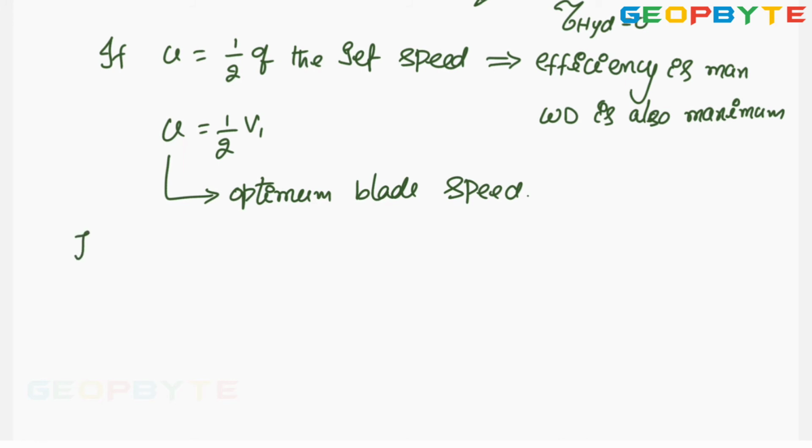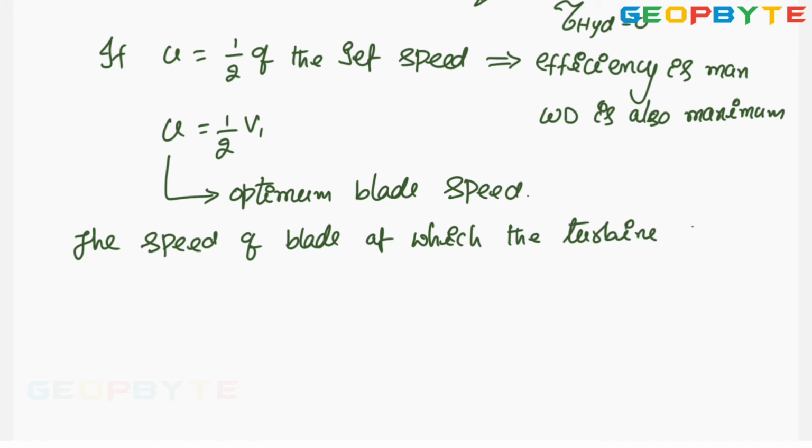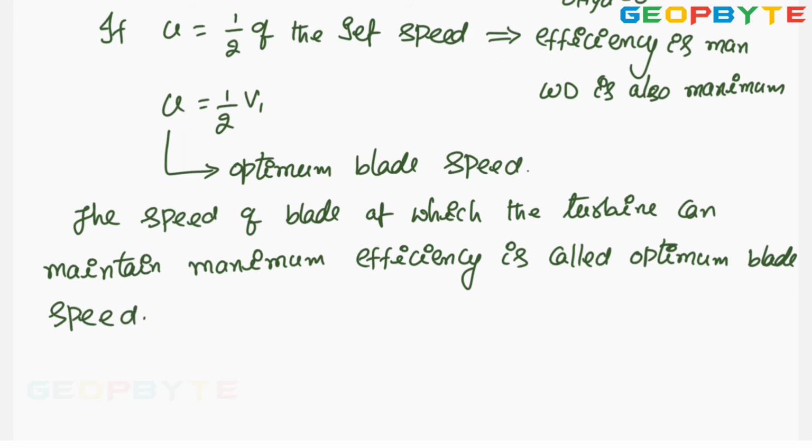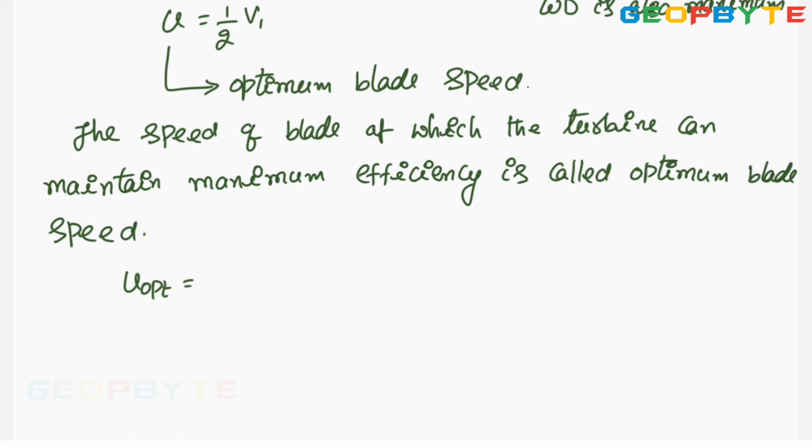The speed of the blade at which the turbine can maintain maximum efficiency is called optimum blade speed. So u optimum equal to v1 by 2.